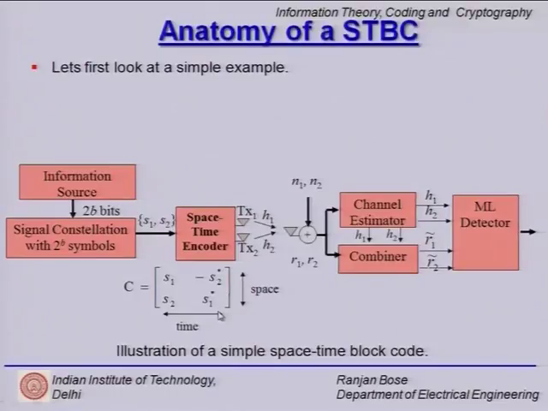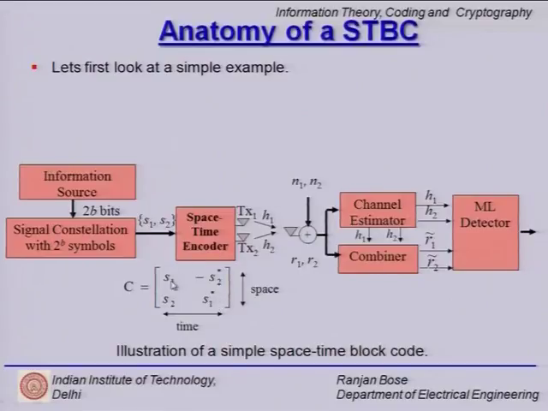So, please note this 2B bits resulted in the transmission of S1 and S2 from antenna elements 1 and 2 in the first time slot. And then now we have not taken any more bits. In the second time slot, what we have done is we have sent something different based on S1 and S2. So, that is the rule.